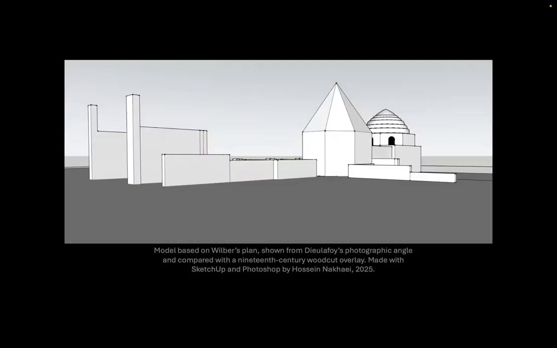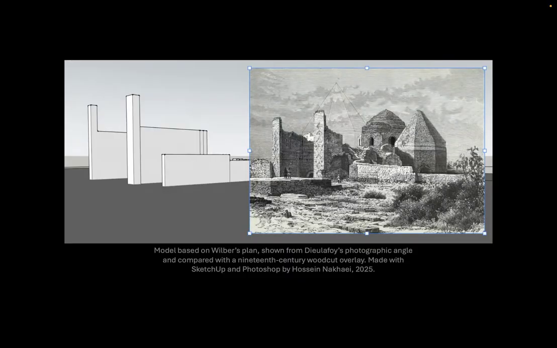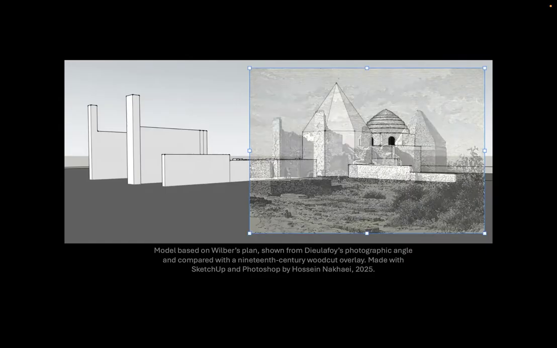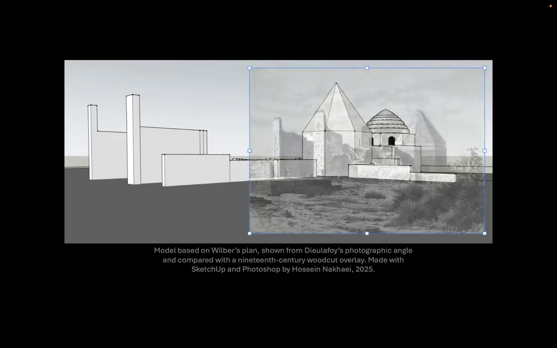After adjusting the model's viewpoint to match the perspective of Dieulafoy's photograph, using the dome chamber as the fixed reference point, a clear discrepancy emerged. In Wilber's plan, the portal and octagonal tower are positioned at a considerable distance from the central chamber. In the woodcut, however, both appear significantly closer. This suggests that Wilber's proposal overestimates the scale of the complex.